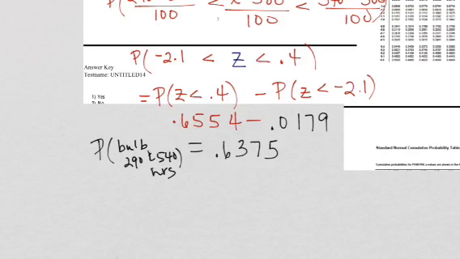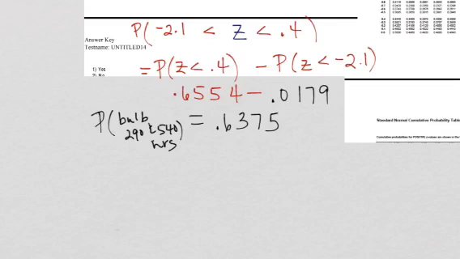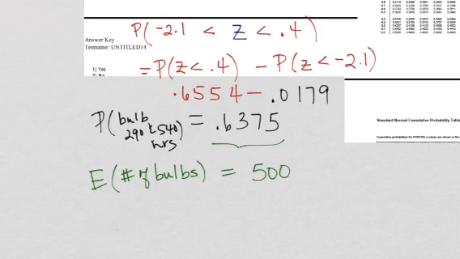This is somewhat intuitive, but it may not jump right out at you. This is the probability of success, the probability that a bulb does what you want it to do. So the expected number of bulbs that will last between 290 and 540 hours will be the number of bulbs, which is 5,000, times the probability a bulb lasts that long.